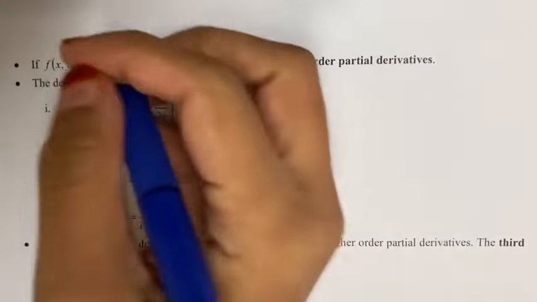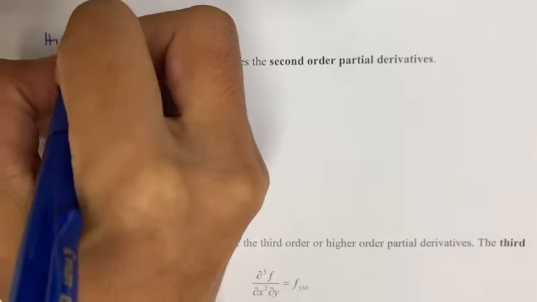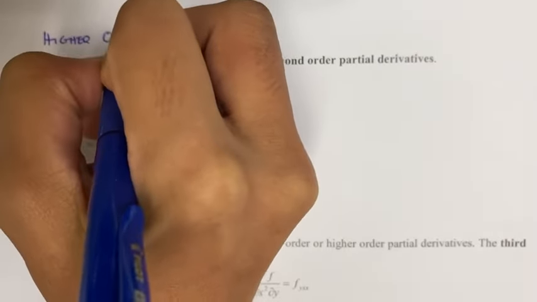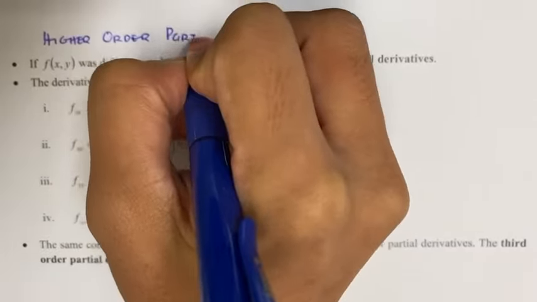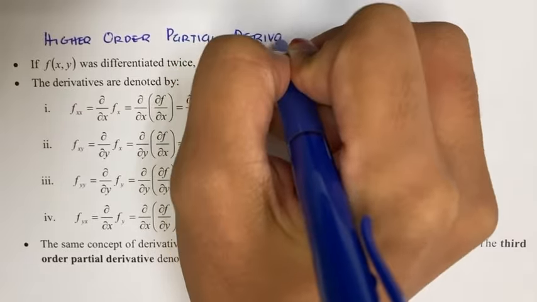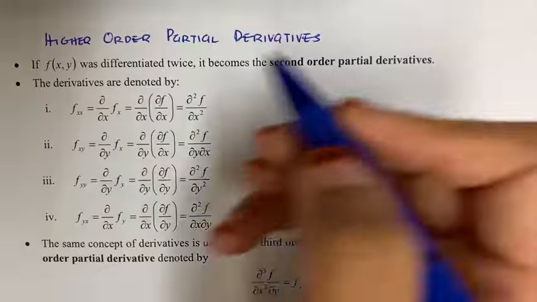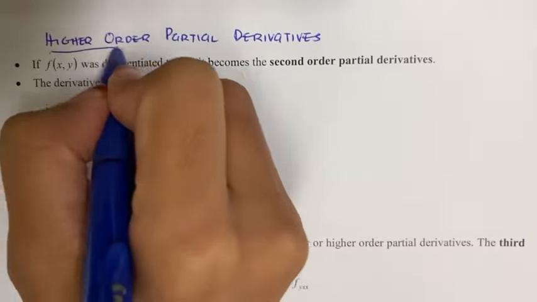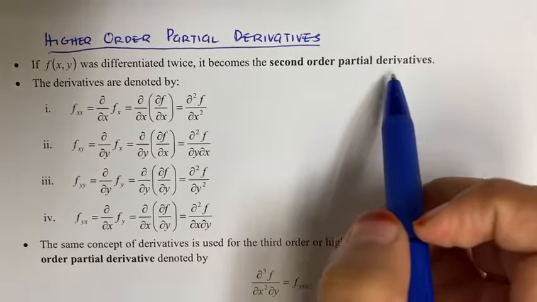This one is for higher order partial derivative. Okay. So if f(x, y) was differentiated twice, it becomes the second order partial derivative.